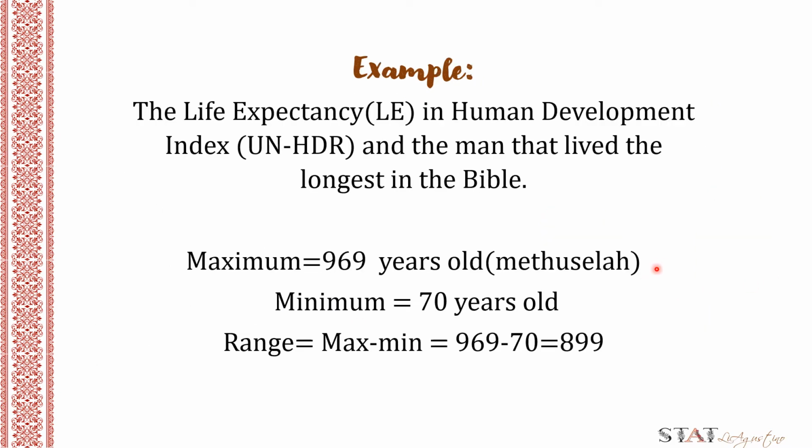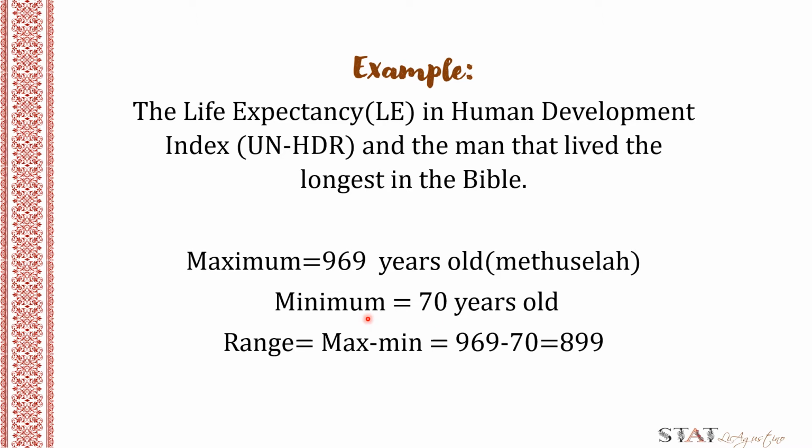For example, take the life expectancy in the Human Development Index in the United Nations Human Development Report, and the man who lived the longest in the Bible. The maximum value is Methuselah at 969 years old. And the minimum is the life expectancy of today's time, 70 years old, the average lifespan.